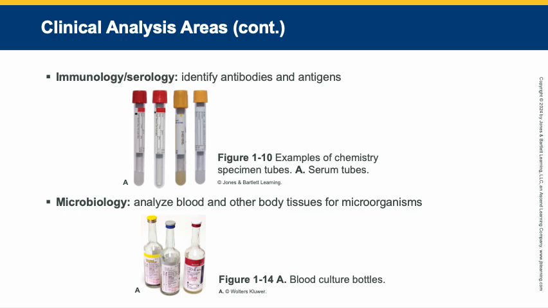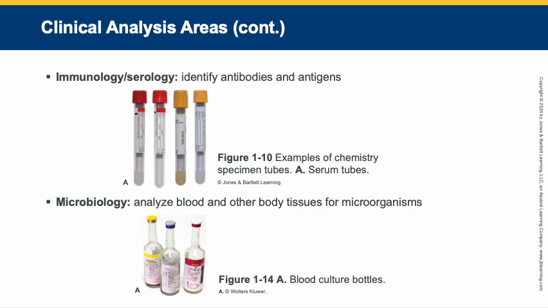Immunology tests investigate immune system problems such as autoimmune reactions, where the autoantibodies produce B lymphocytes that attack our normal cells. You can see in the picture there are red and yellow and gold top tubes in that area. Then you have microbiology.